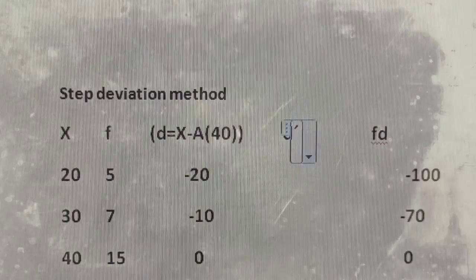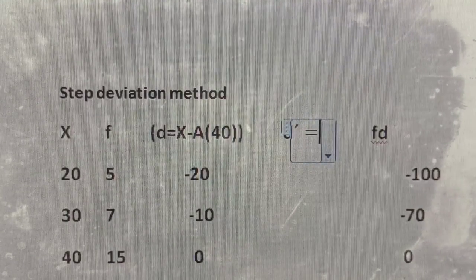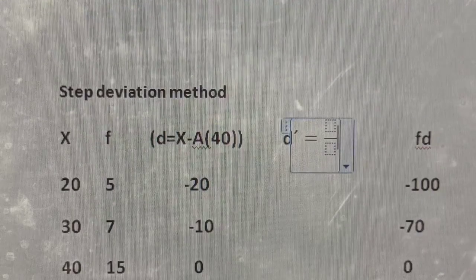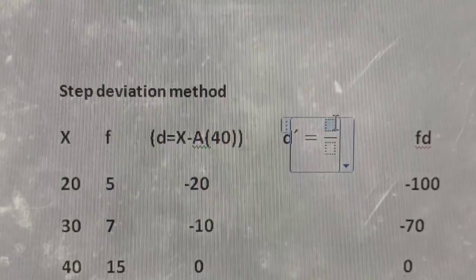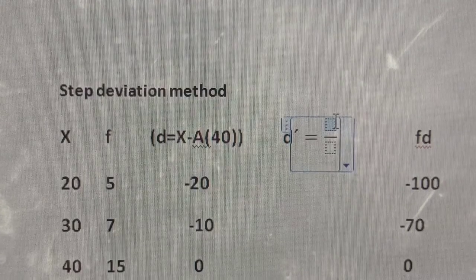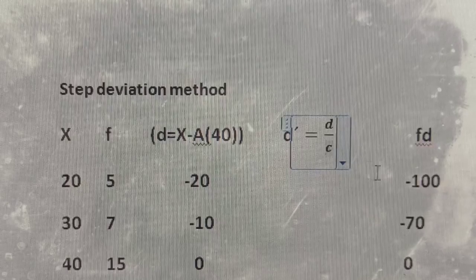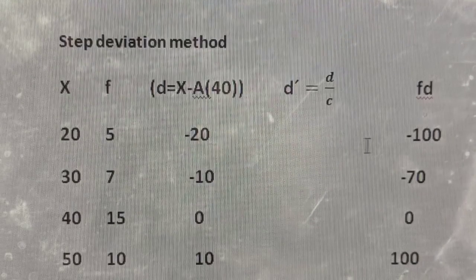D dash equals to D by C. So what is the value of C here?